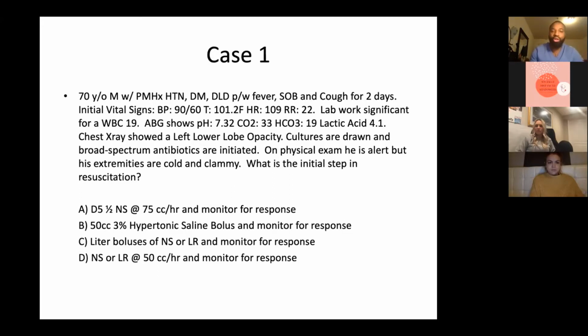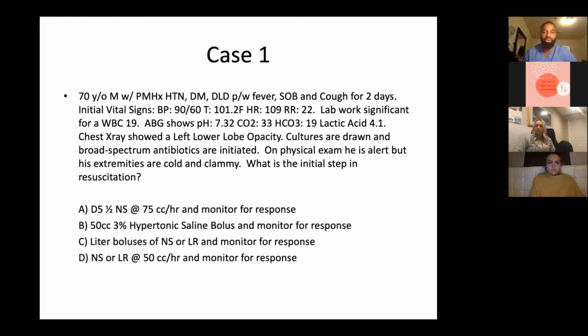All right, this is a case that is a little advanced for you guys, but let me break this down so that we can all benefit on the same page. This is a 70-year-old patient with underlying history of hypertension, diabetes mellitus, and dyslipidemia. So this patient already has this underlying stuff that puts them at risk a lot, right?